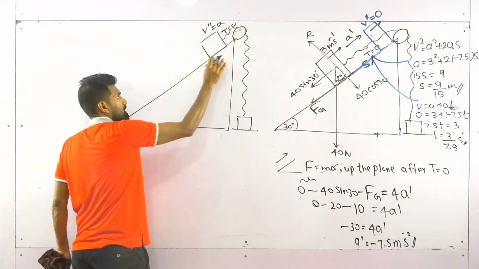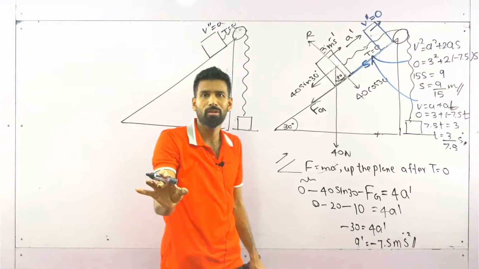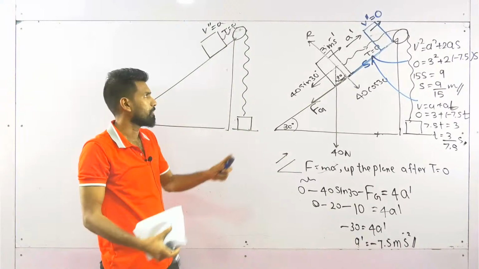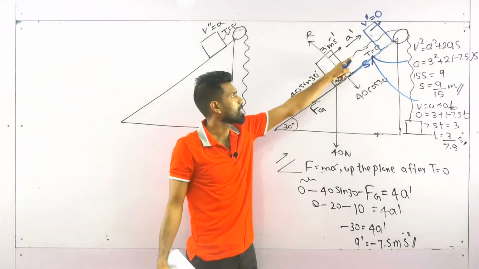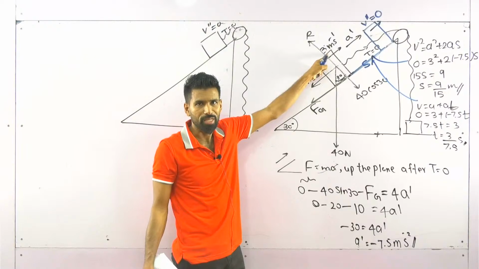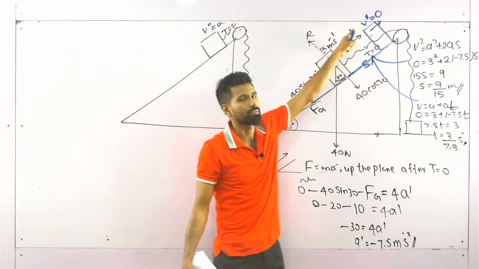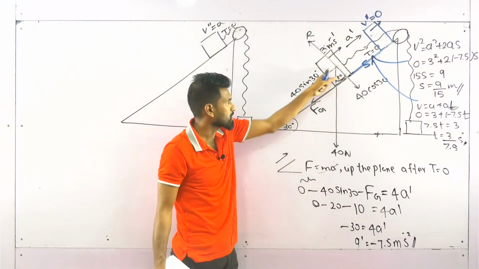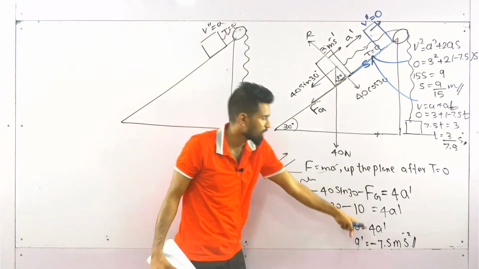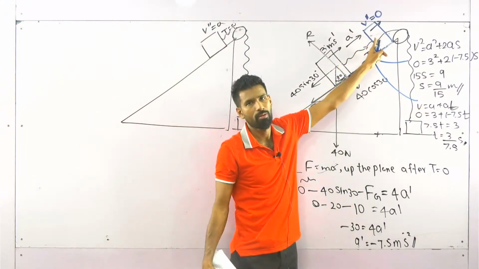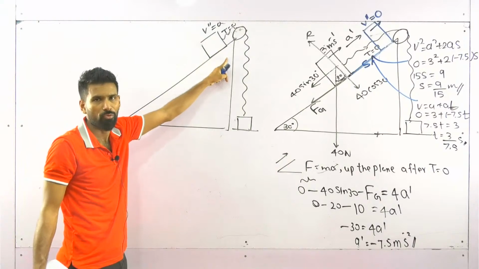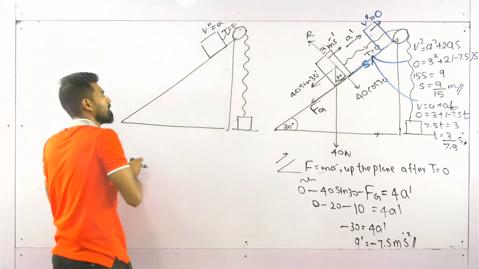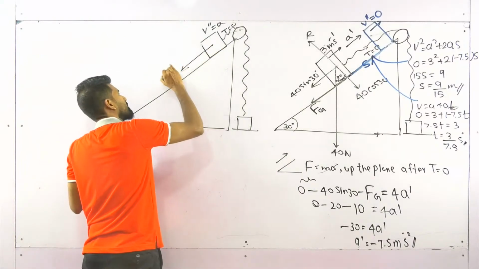But what happens after it comes to rest? Due to the 3 meters per second velocity, even though the tension was 0, it went up with deceleration against the opposing forces until it came to rest. Now it is at rest for an instant, but 40 sin 30 is still in this direction.